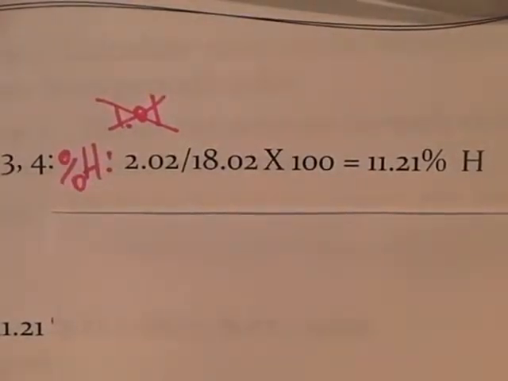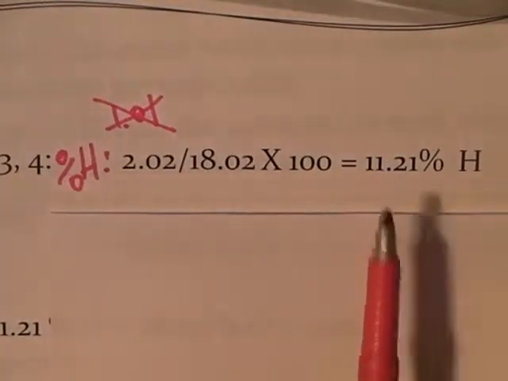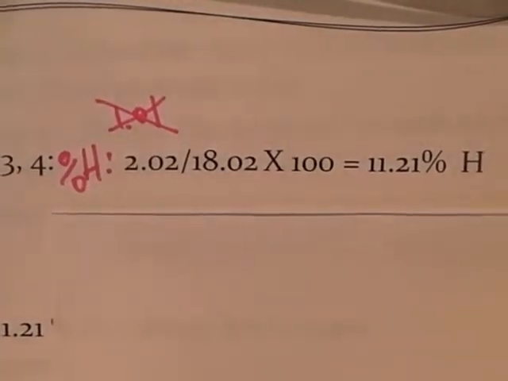So you get 11.21% hydrogen, which makes sense because think of how small hydrogen is compared to how large oxygen is. Right, hydrogen, they're each only 1.01 grams compared to the oxygen that's 16 grams. So this should be a very small percentage because they don't carry a lot of mass with them.